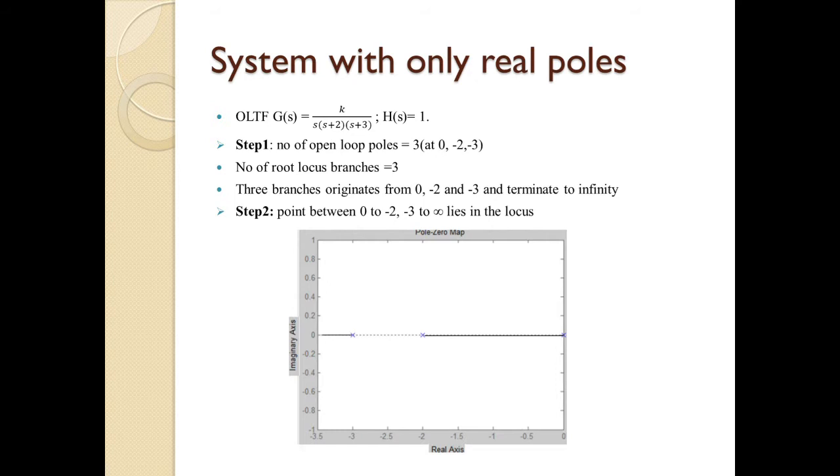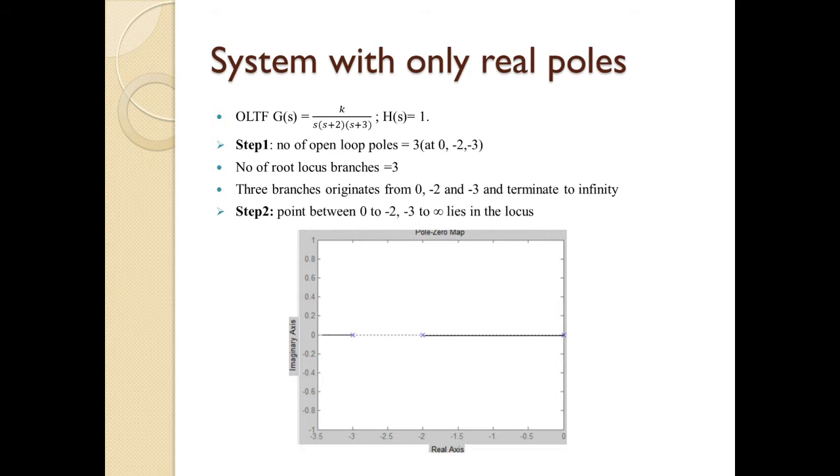The 3 branches will start at the open loop pole locations, that is 0, -2 and -3, and will end at infinity, because in this system there is no zero, so the branches originate from the open loop poles and terminate at infinity.